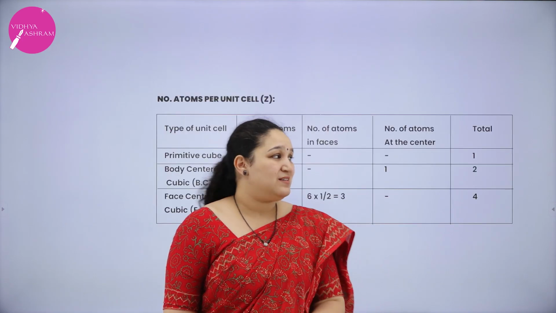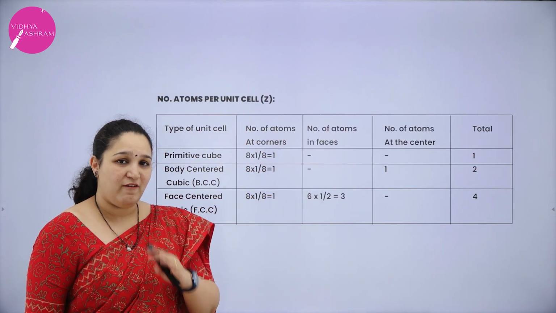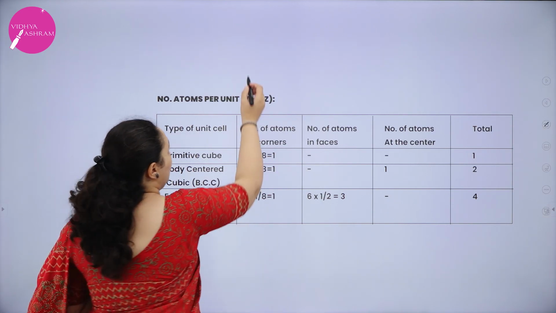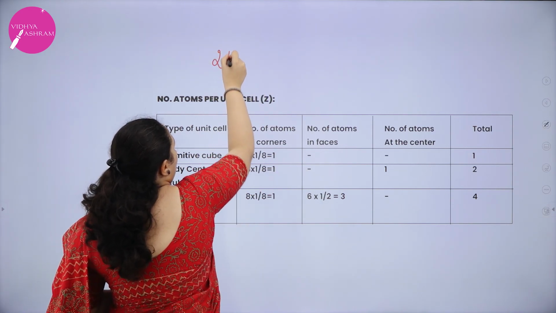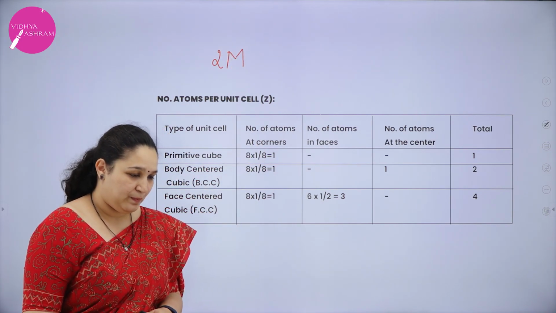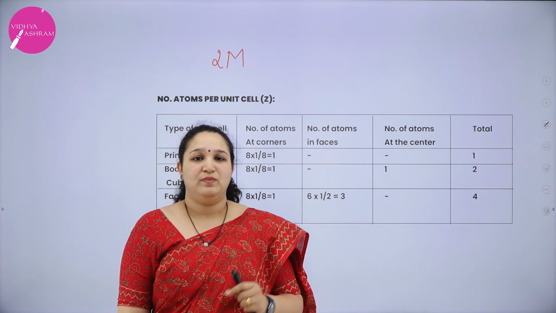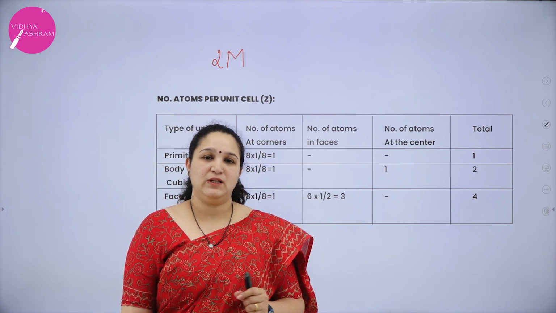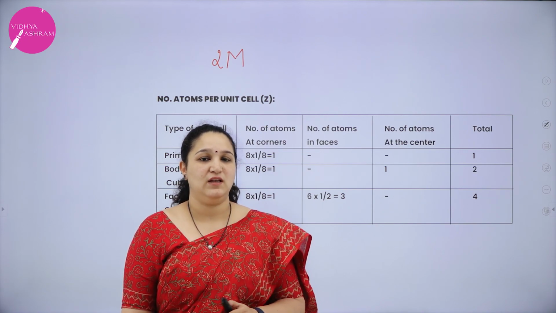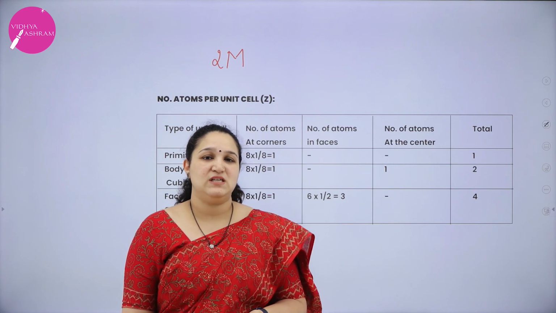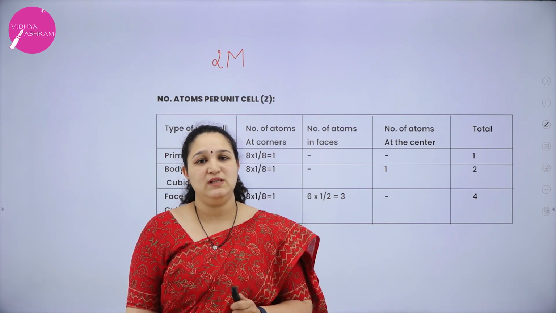Coming to exam point of view, it is very important. It comes usually for 2 marks. How do the questions appear? They can ask you, calculate the number of atoms or particles in a simple cube, or they can ask in face centered cube or FCC, or they can ask in BCC, body centered cubic unit cell.